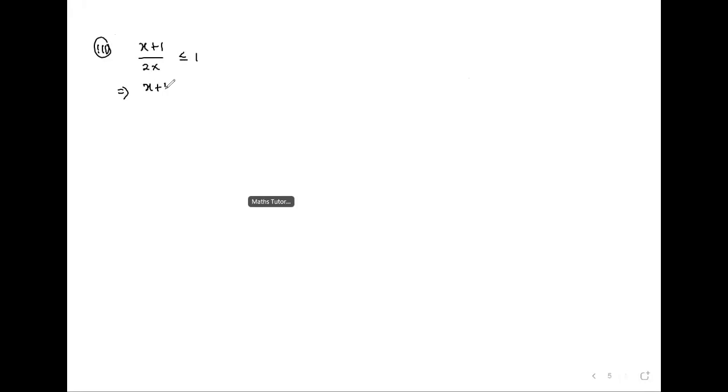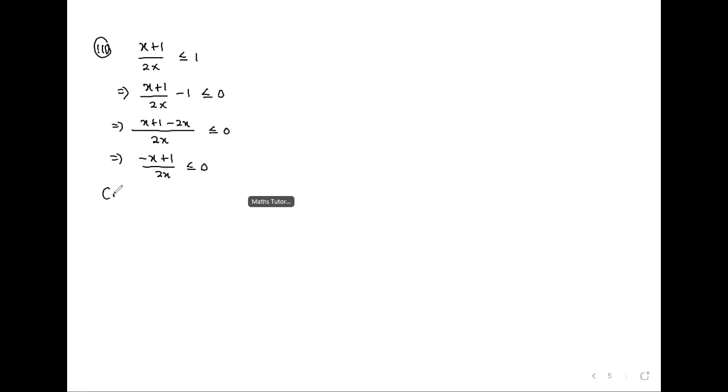So you have (x + 1) over 2x minus 1 less or equal to 0. With 2x down, you get x plus 1 minus 2x less or equal to 0. So we get (negative x + 1) over 2x less or equal to 0.